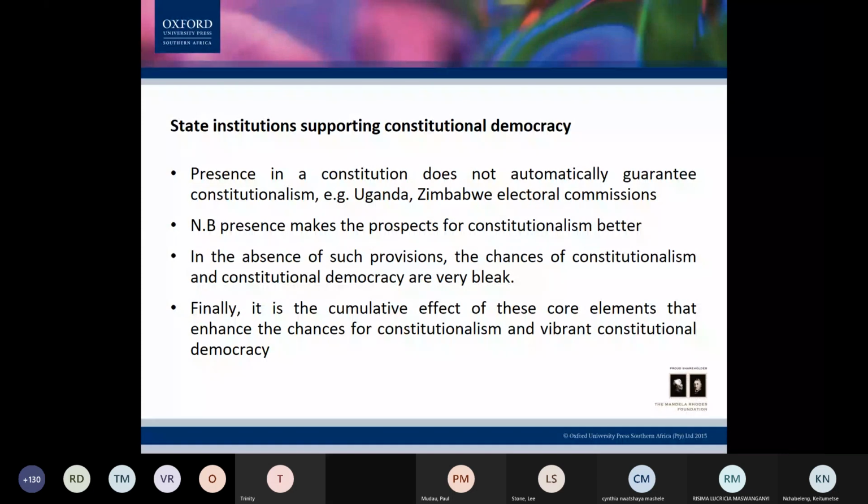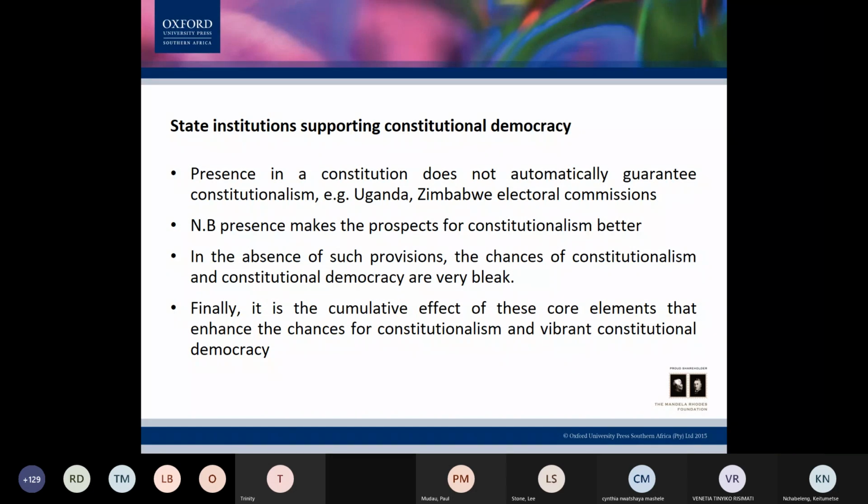It is impossible for state institutions that are supposed to support constitutional democracy to function without their constitutional independence being respected, because they need to function in a fair and impartial manner. It is impossible for them to execute their constitutional mandate with distinction if political influence interferes with their work.